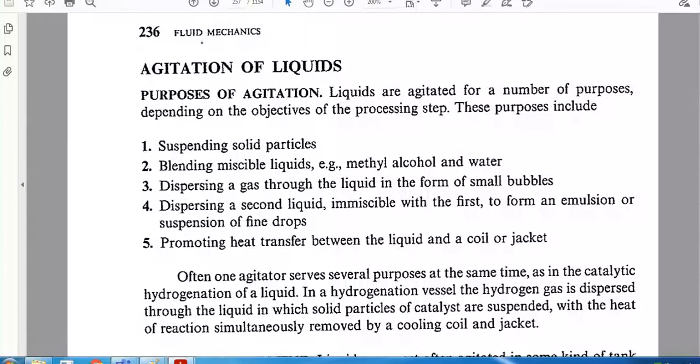So rather than suspending a catalyst, we are supposed to disperse this gas in a liquid for various purposes, for creating upward currents, whatever it is. In your agitation system, a gas is sent from the distributor plate and gas bubbles come out. The impeller has to divide the gas into a number of small bubbles and make them come through the liquid from all parts. Looking from the top, the gas should come out uniformly. Who does this? The agitator does this.